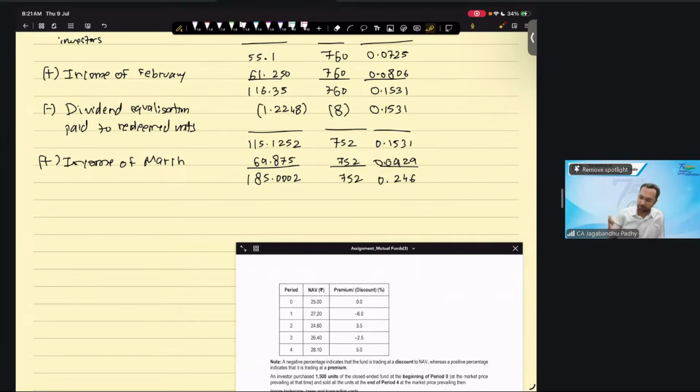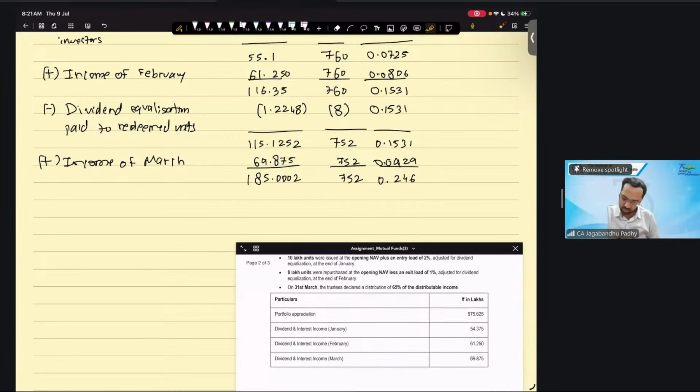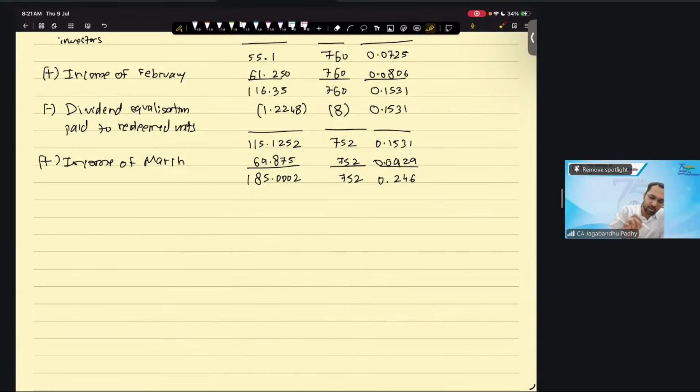But then against that, what has happened is 65% of distributable income is distributed. So we'll subtract dividend distributed. 65% is distributed.